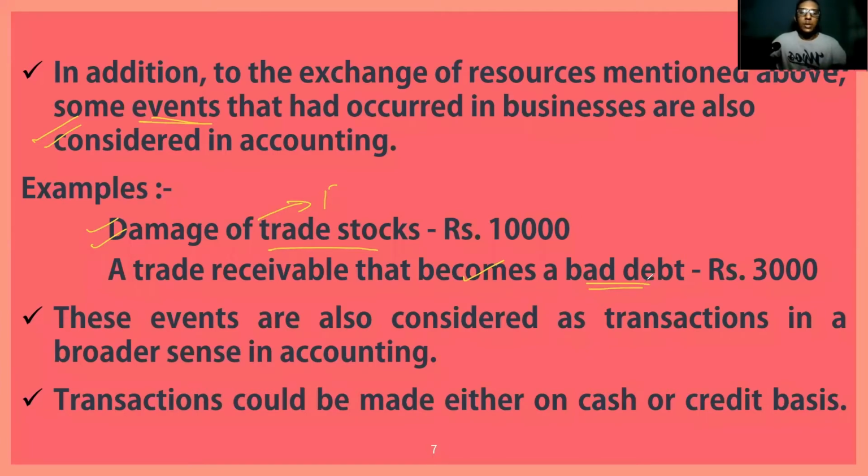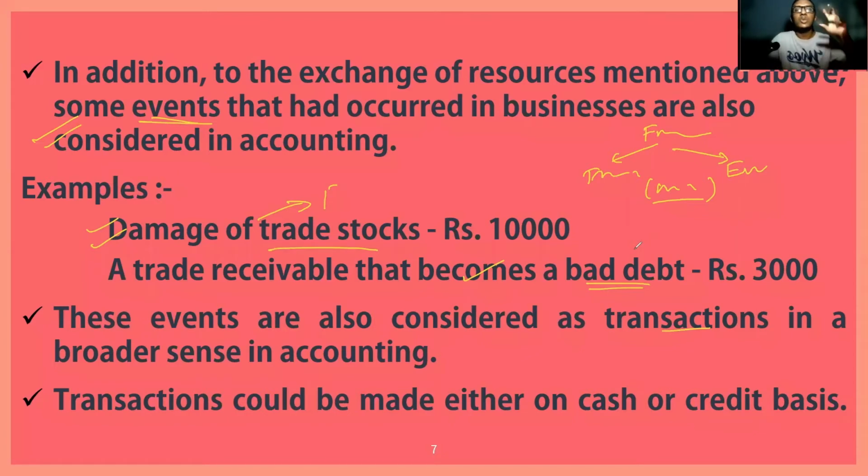And these events are also considered as transactions in a broader sense, right? But in financial accounting, we have transactions and events which can be measured using a monetary value. Only money measurable transactions and events, okay? Keep that in your mind, right?